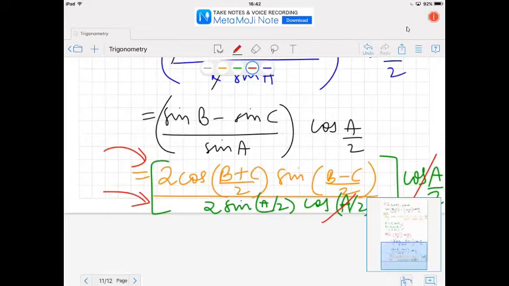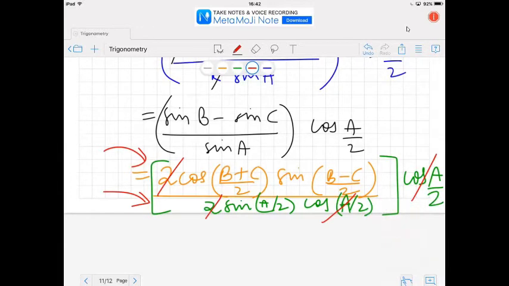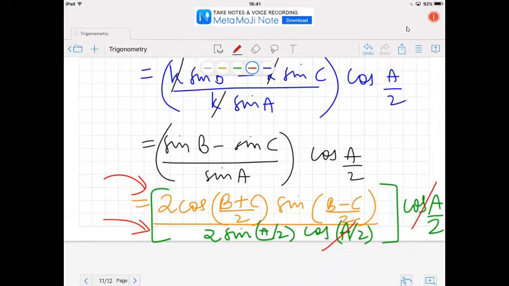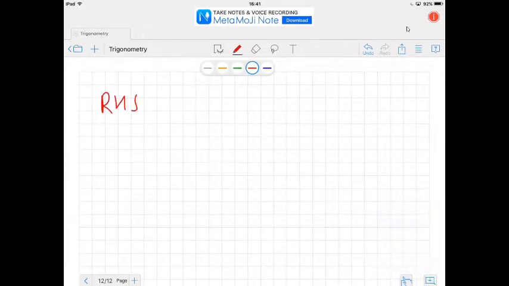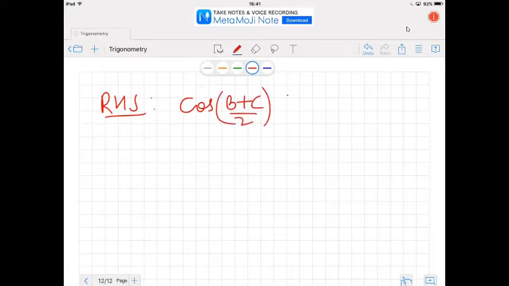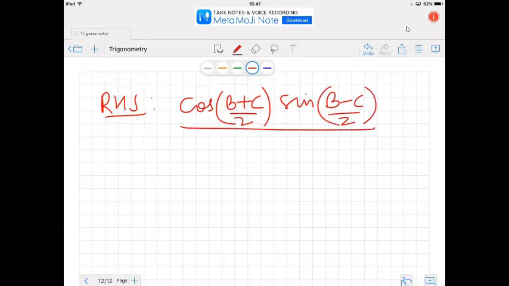I can also cancel 2 from the numerator and denominator. So that is also cancelled. So I only have 3 terms left: cos of (B plus C) by 2, sine of (B minus C) by 2 divided by sine of A by 2. So let's see what we have now. So we have the right hand side as cos of (B plus C) by 2 into sine of (B minus C) by 2 divided by sine A by 2.